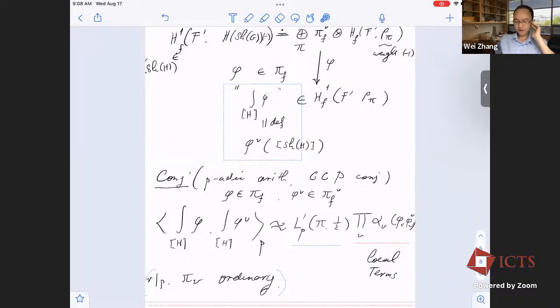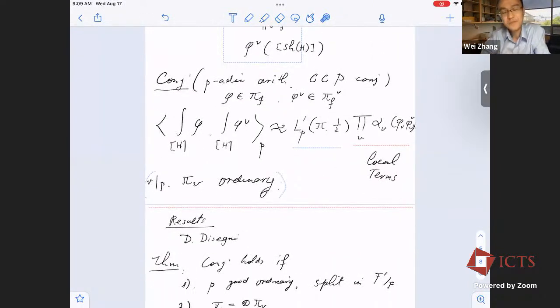Or you can use Jetchev, Skinner, and Wan's ongoing work. Either way, you get an upper bound, a Kolyvagin type result. So in the end, if you assume the p-adic function has order 1, then the Selmer group has rank exactly 1, at least under these conditions.